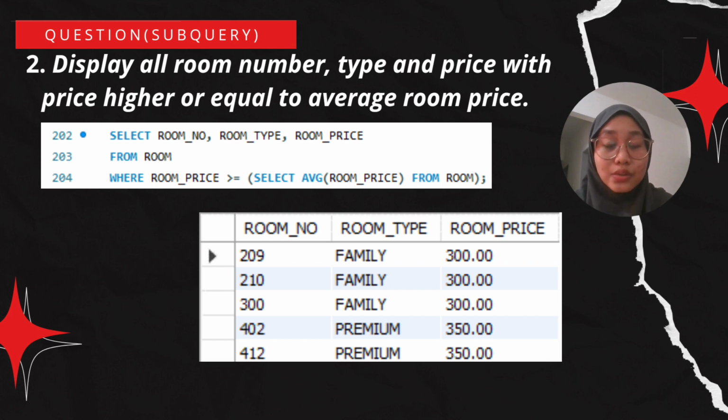Why do we only choose room? Because these three attributes are from one table, where room price is higher or equal to select average room price from room. In the next slide, we're going to show you how we get this output.